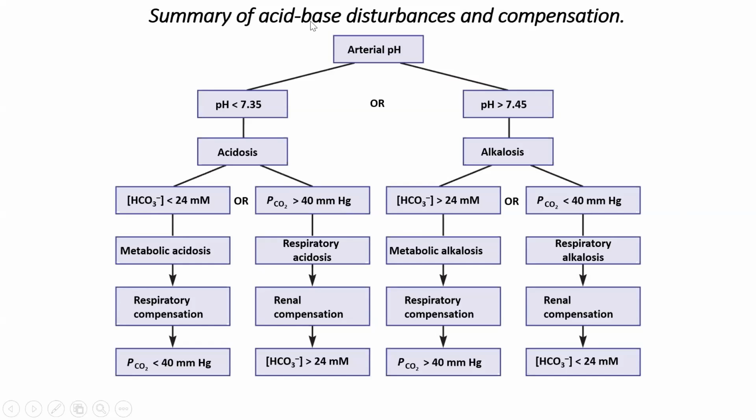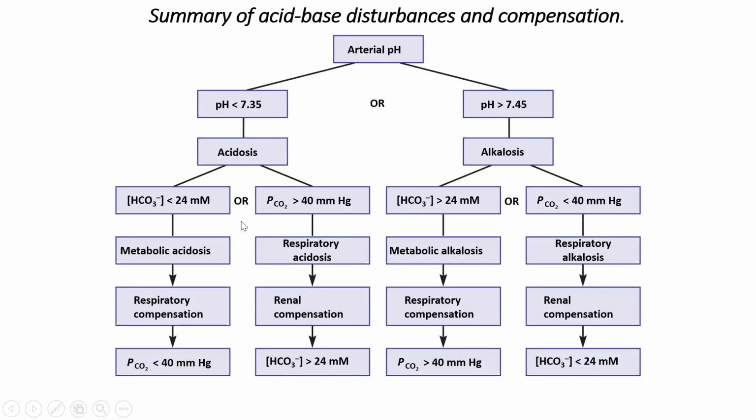So we start off by looking at the pH. And if the pH is too high or too low, we then look at whether it's an acidosis or an alkalosis. So if the pH is less than 7.35, we know it's an acidosis. If it's greater than 7.45, we know it's an alkalosis. From there, we can then determine the cause of the acidosis and the compensation.